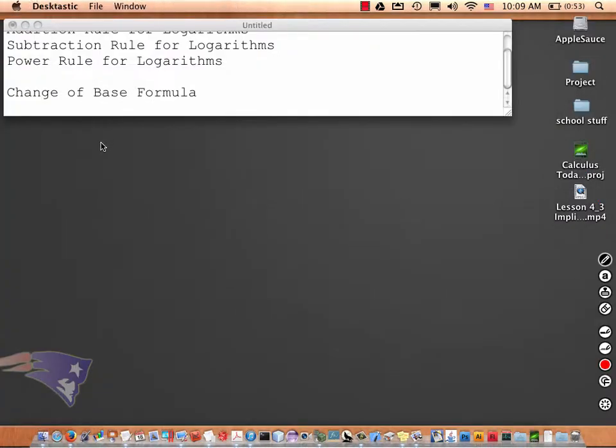Let's say I have 3 plus logarithm of x minus logarithm of x plus 1 equals 4.